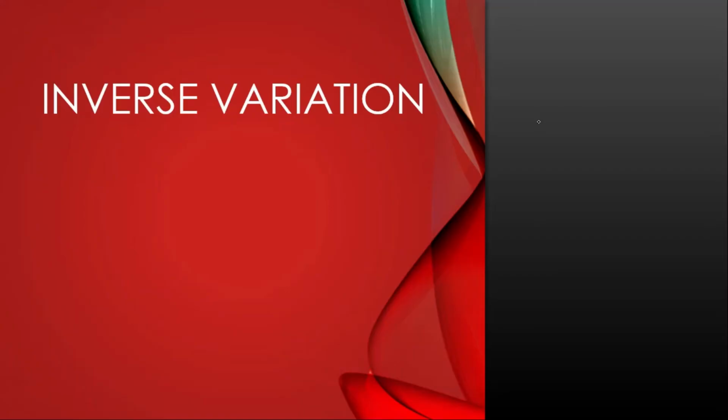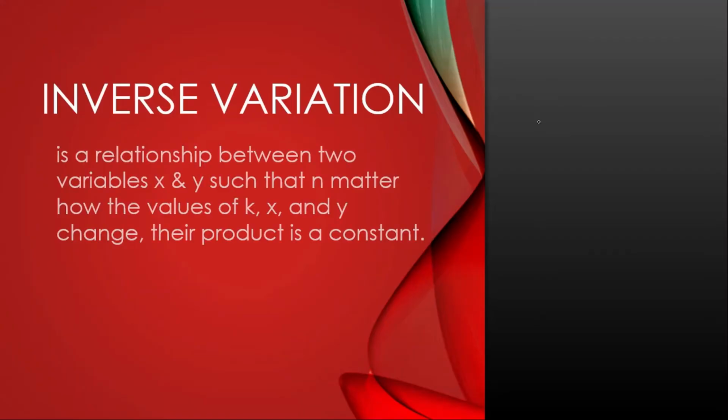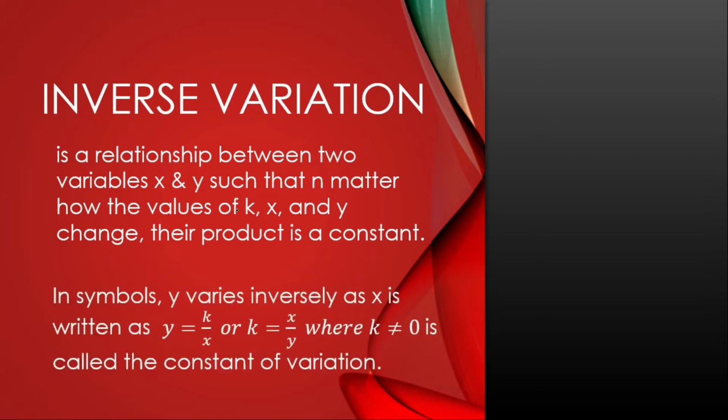So, another type of variation is the inverse variation. It is a relationship between two variables, x and y, such that no matter how the values of x and y change, their product is a constant. In symbols, y varies inversely as x. Kapag nag-increase yung ating x, magdi-decrease naman yung ating y.